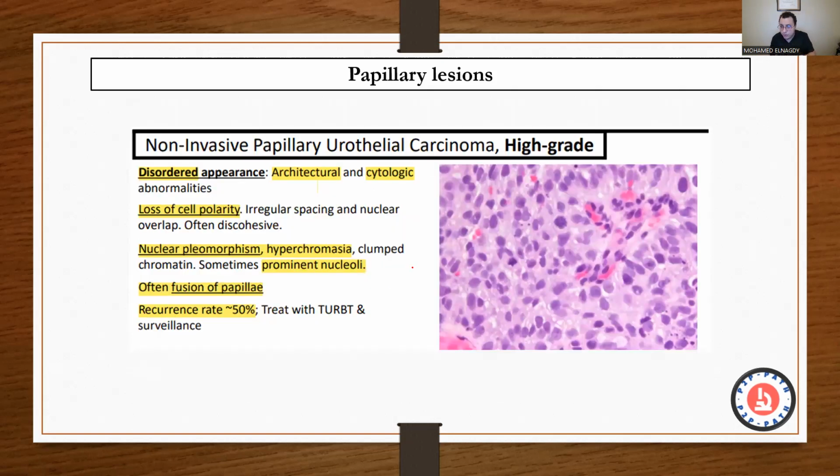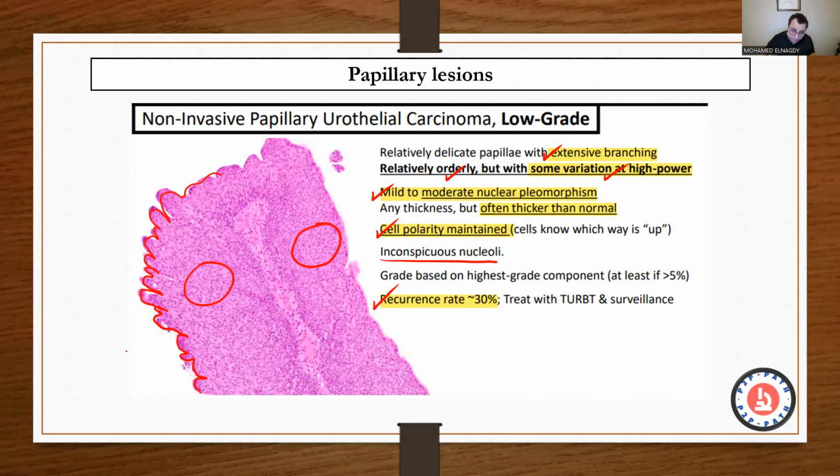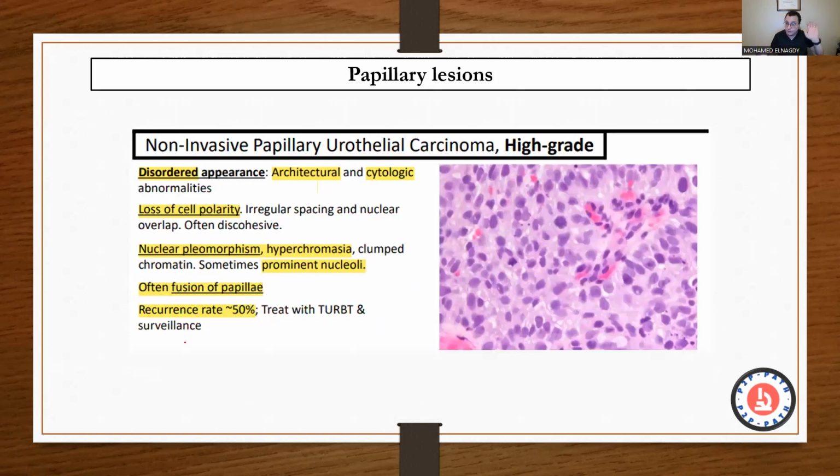Here's how a high power of a high-grade papillary urothelial carcinoma looks like. A high-grade papillary urothelial carcinoma will have the same fingers on top of the fingers. However, when you look, there is increase in thickness in the urothelium, but there is no organization there. The cells are on top of each other, not respecting each other, as you see here. All the cells are running in a whole bunch of different directions.